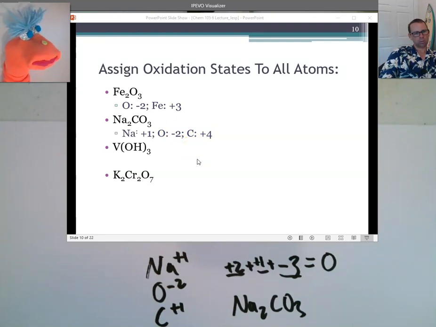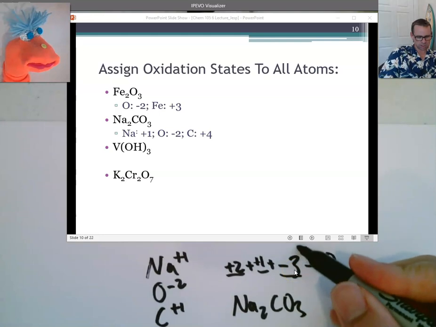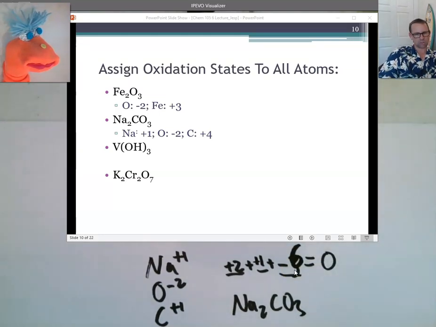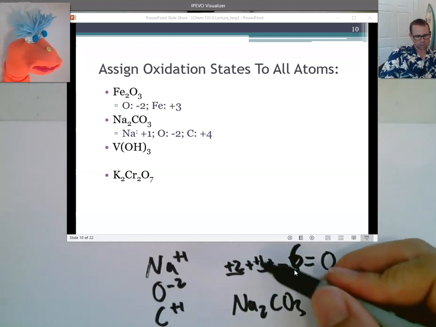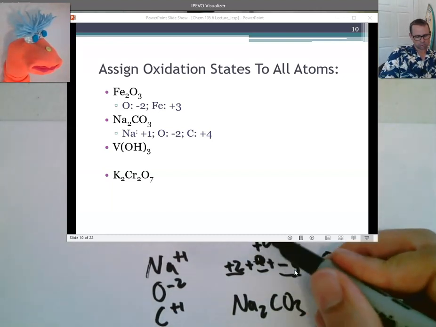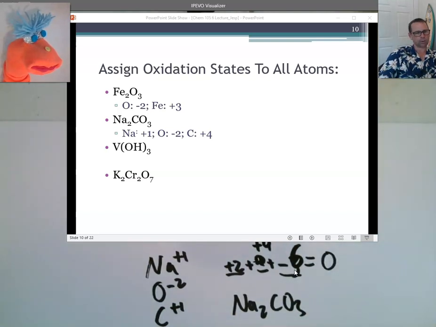Sodium has a +1, each one of those has a +1, so there's a +2 there. Oxygen has a -2. Oh, this isn't 3, that's 6. Each one has a -2. That's -6. So this carbon here has to be a +4. Very good.